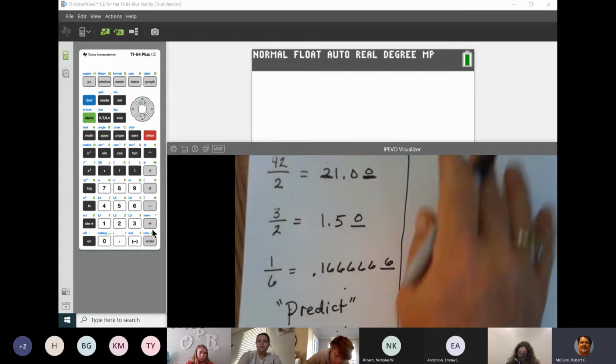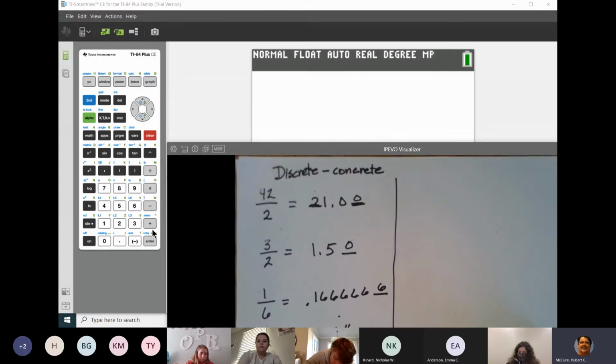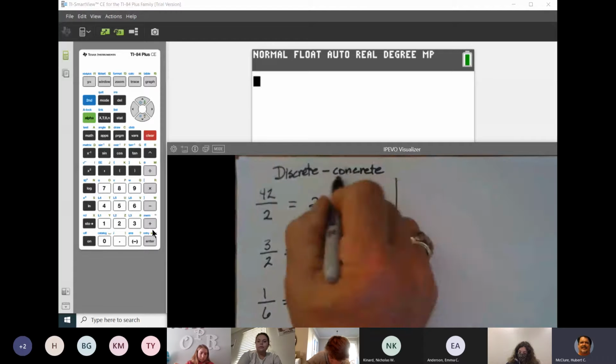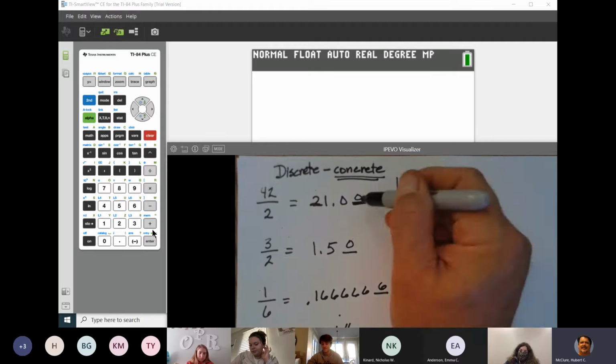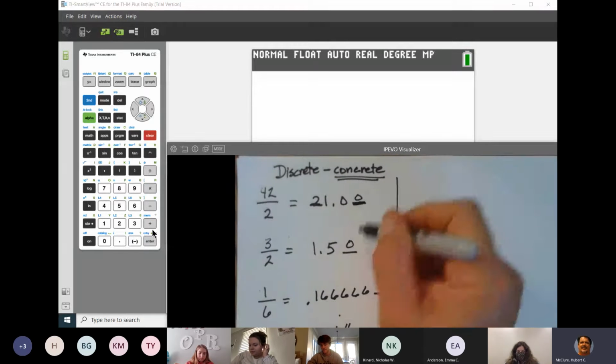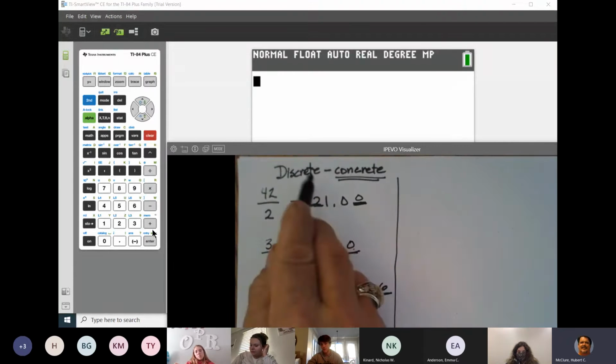Concrete has a double meaning also. Concrete means solid, means that you can bet money on it. Can you predict the next number on all these numbers? Yes. If you can predict the next number, then it is discrete.